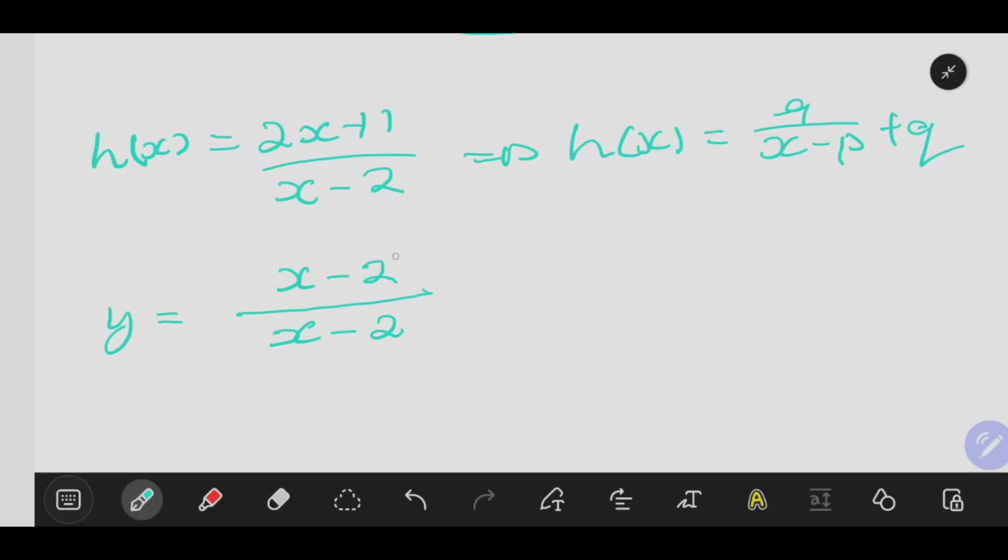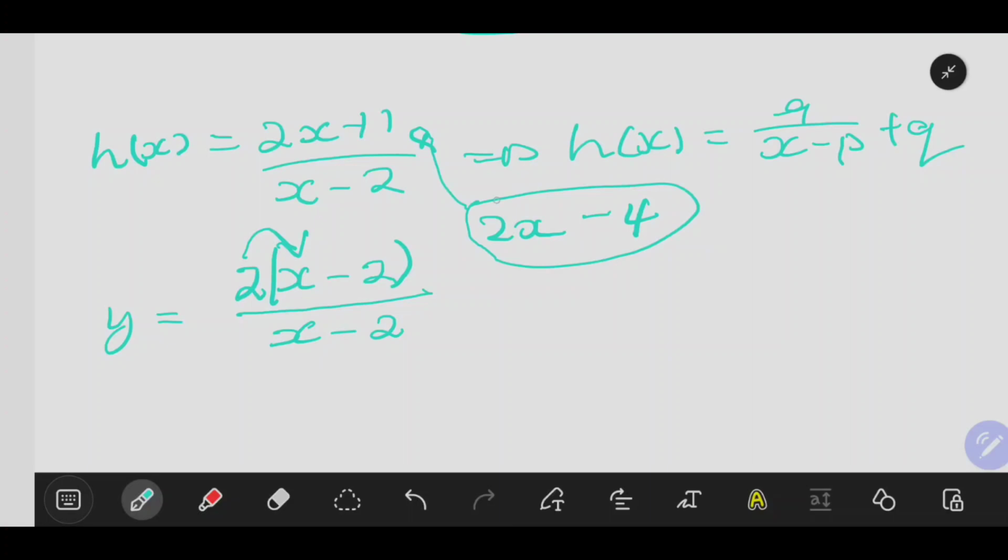Okay, and then now we bring in multiplication. So in order for us to have 2x, we have to put 2 here, so that when we multiply here, we are having 2x. Then 2x multiplied by a negative 2, we have minus 4. So this is what we get when we multiply the numerator here. But the numerator that we got here is not equivalent to this one.